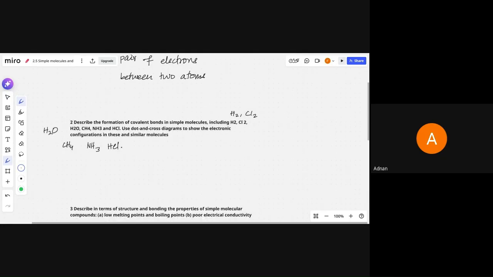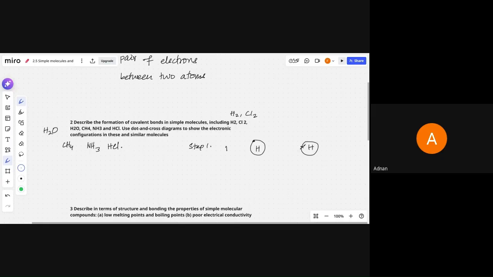So step one, let's say we are drawing the dot and cross diagram for hydrogen molecule H2. Let us look at its electron structure. It is just one, right? Because in hydrogen we have only one shell that contains just one electron. And we have another hydrogen atom that will also have one electron.